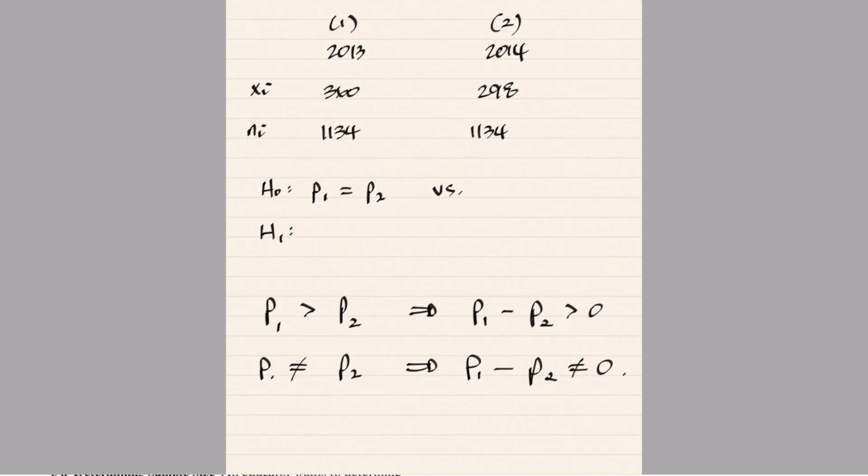If the confidence has deteriorated, then the proportion of individuals in 2014 should be less than the proportion of individuals in 2013. Hence my first candidate for an alternative hypothesis, p sub 1 greater than p sub 2, or if you will, p sub 1 minus p sub 2 greater than 0.